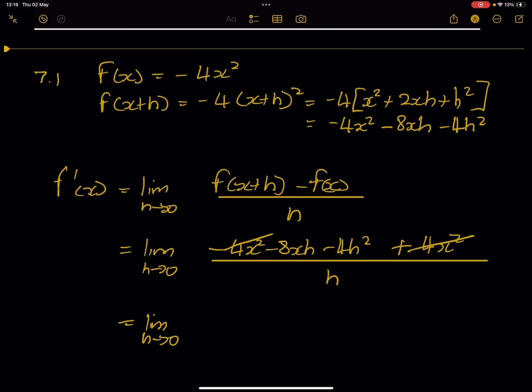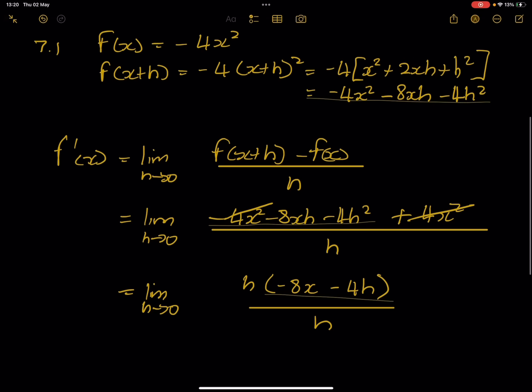So if I take out the h there as a common factor, that's going to be negative 8x minus 4h. And this is divided by h.